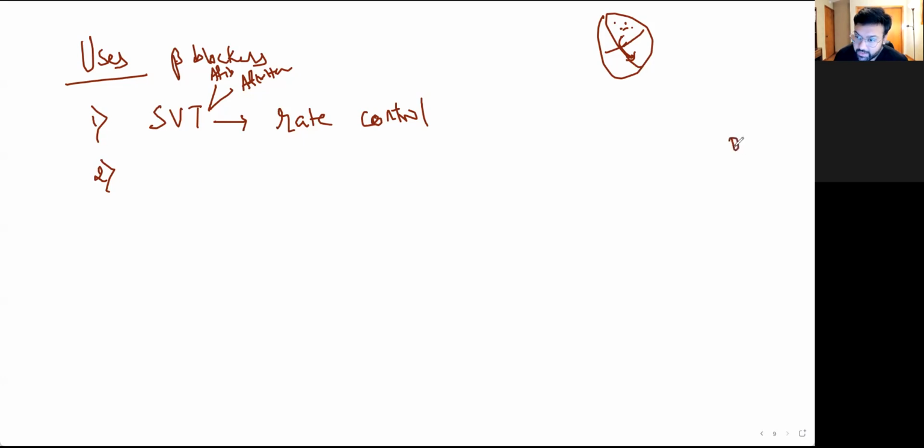Okay, diuretics. That's a very broad class which you can use in hypertension. What else? Calcium channel blockers, ACE inhibitors, and ARBs. These are the first three lines in hypertension. Do we use beta blockers as a drug of choice in hypertension?